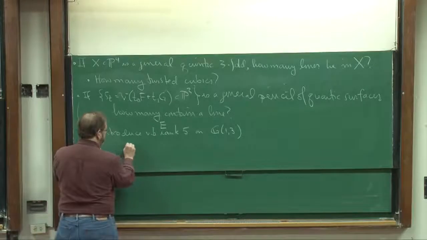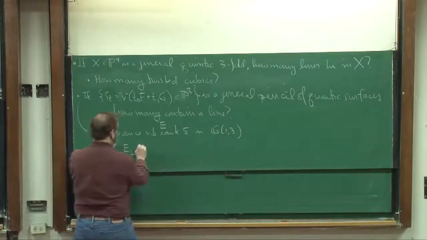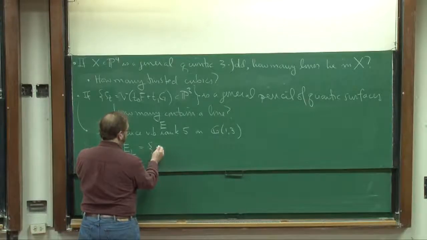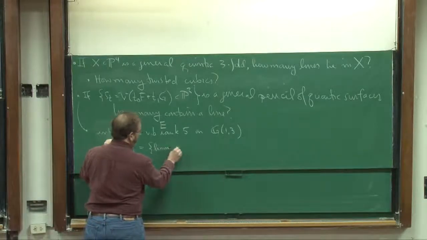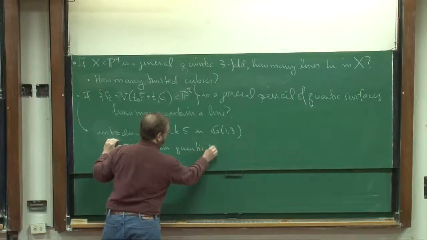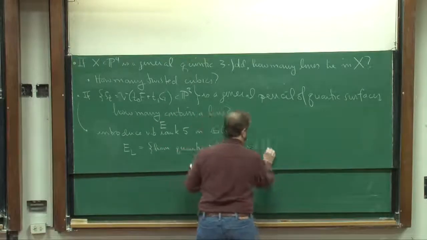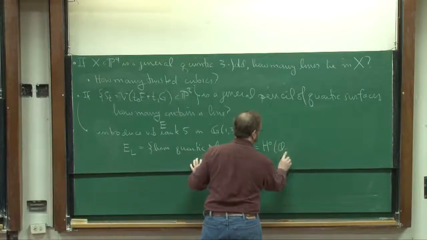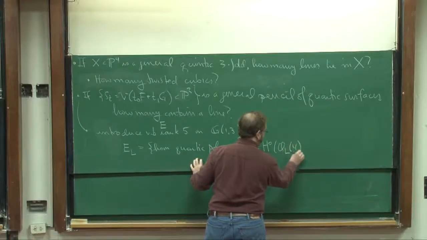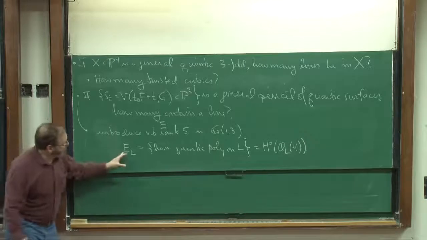I want to characterize it by saying that its fiber at a point L in the Grassmannian is simply the space of homogeneous quartic polynomials on the line L, or again in Ivan language, H^0(O_L(4)).